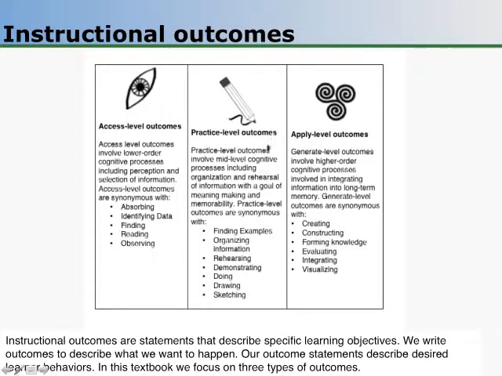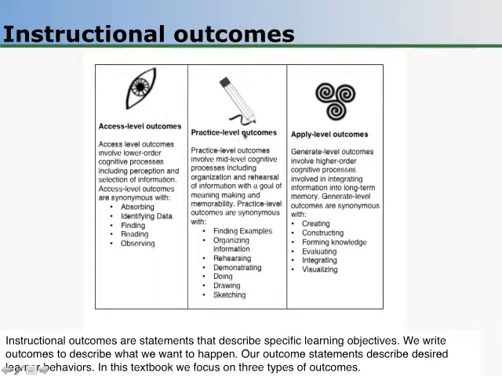Practice level outcomes, they involve mid-level cognitive processes, including organization and rehearsal of information with the goal of meaning making. Practice level outcomes are synonymous with finding examples, organizing information, rehearsing, demonstrating, doing, drawing, sketching.